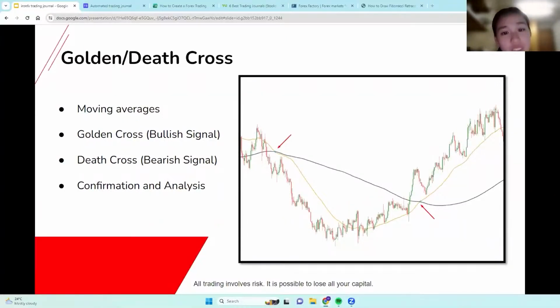Next, we have the Golden Death Cross, which is a strategy based on the intersection of two important moving averages on a price chart. Okay, so I'm not going to explain how the indicator works, but basically, when you see a golden cross, it's a bullish signal. When you see a death cross, then it's a bearish signal.